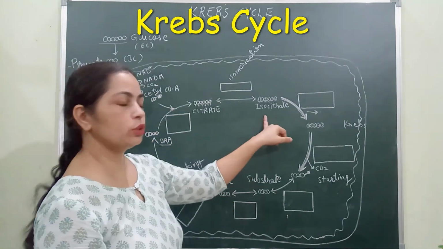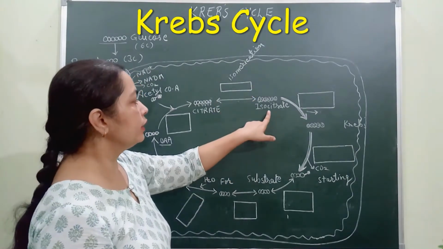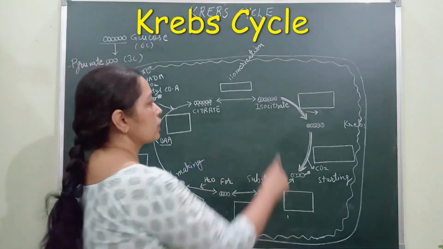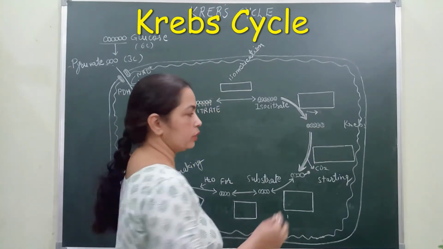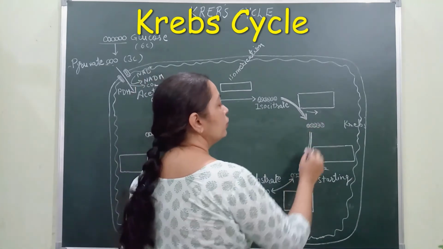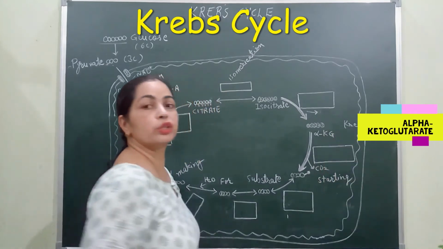Now we have seen conversion of citrate to isocitrate by a simple isomerization step. In the next step, this isocitrate, which has 6 carbons, gets converted to a molecule having 5 carbons, called alpha KG, that is alpha ketoglutarate.